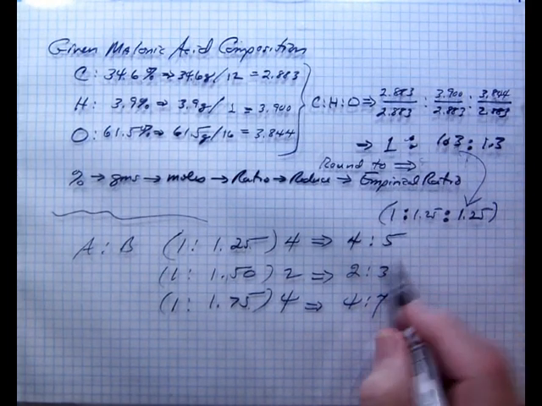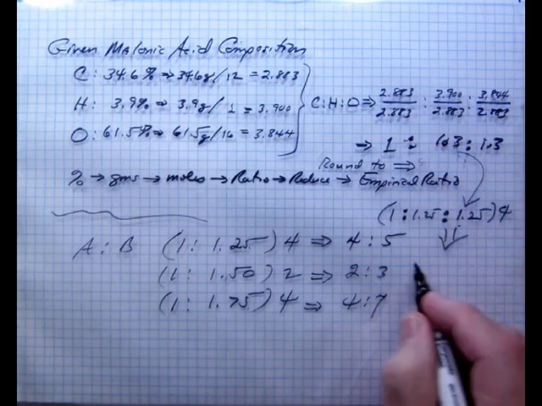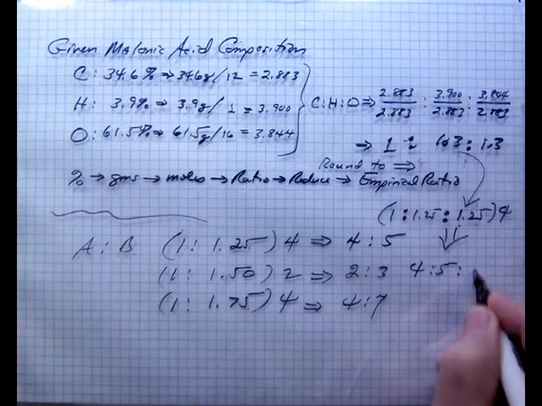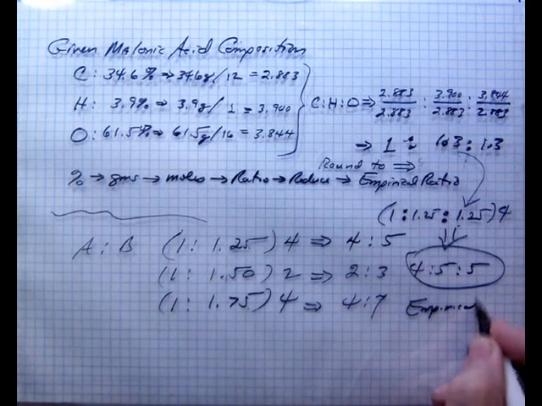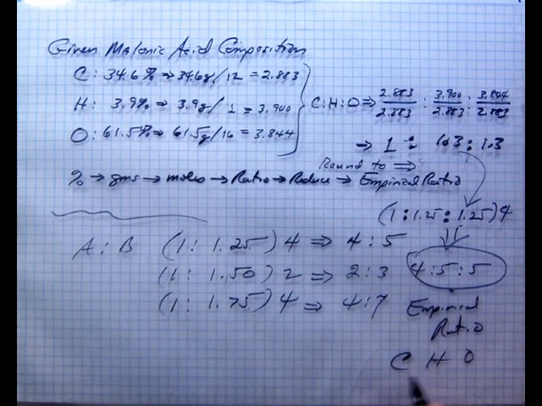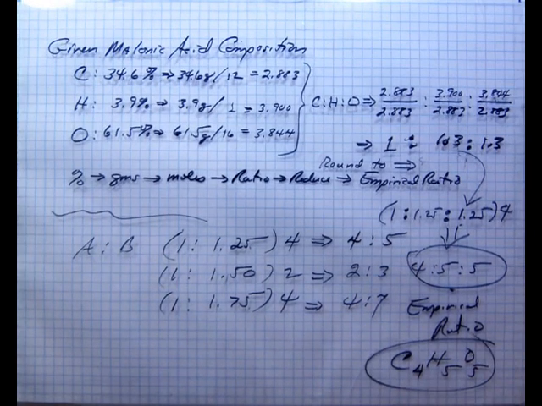So this one would be a times 4. And so you'd have 4 to 5 to 5. There's your empirical ratio. CHO 4, 5, and 5. And there's your empirical formula.